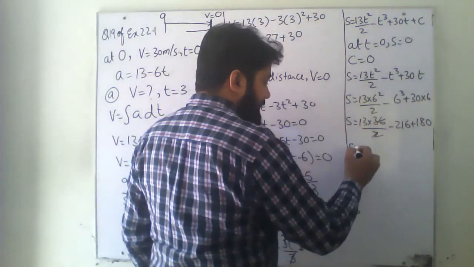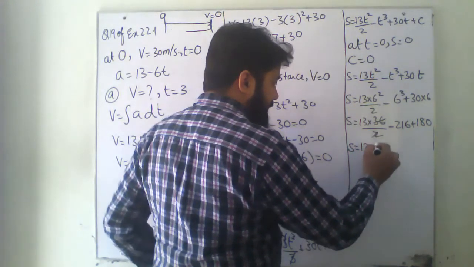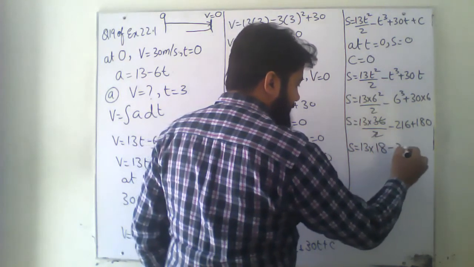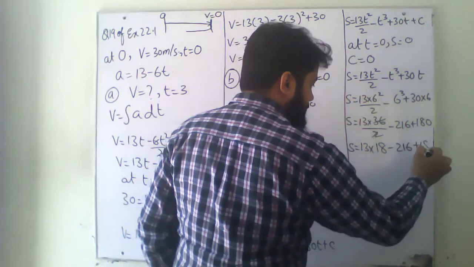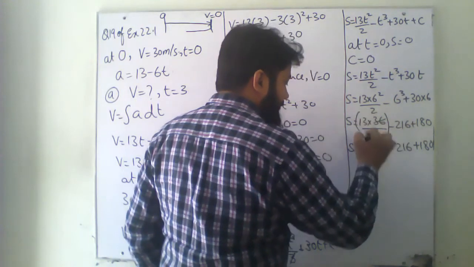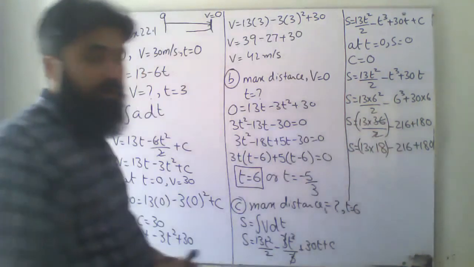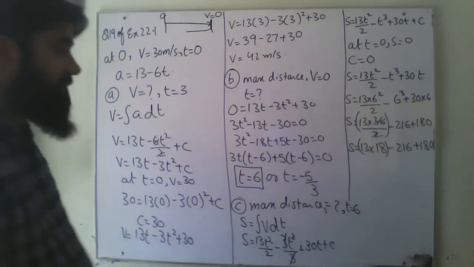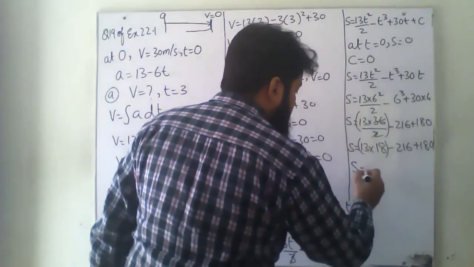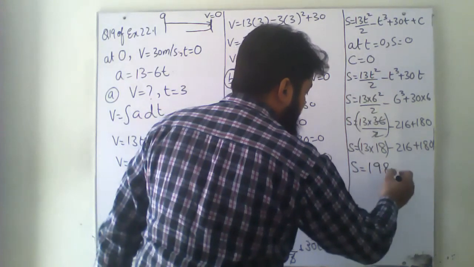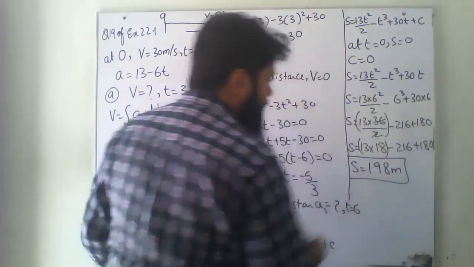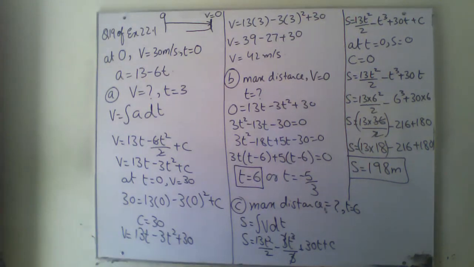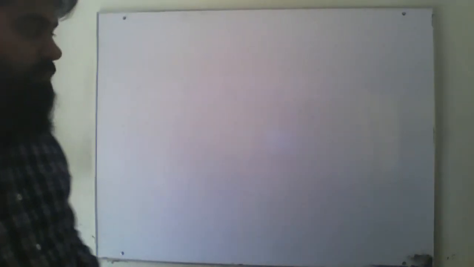This will be cancelled. s equals to 13 into 18 minus 216 plus 180. This is in bracket and this is also in bracket. And when I'm going to simplify them, my final answer is coming s equals to 198 meter for this part. Okay.